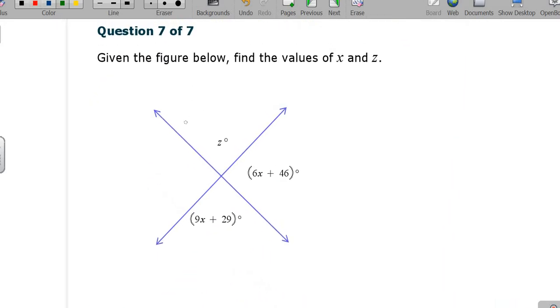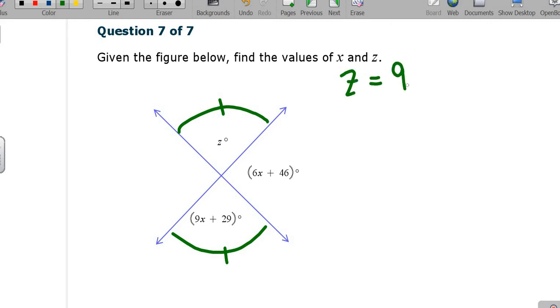Down here, you look at the relationships. So these 2 angles are congruent. So theoretically, I could go like this, z equals 9x plus 29. The problem is, then you end up with 2 different variables, and you can't solve with 2 different variables in a single equation.